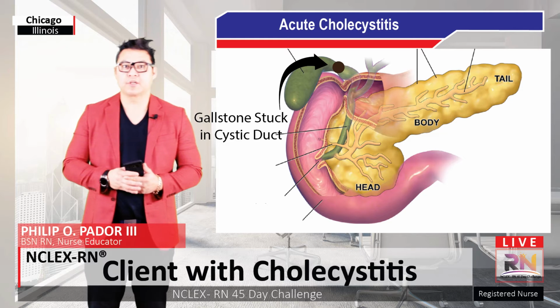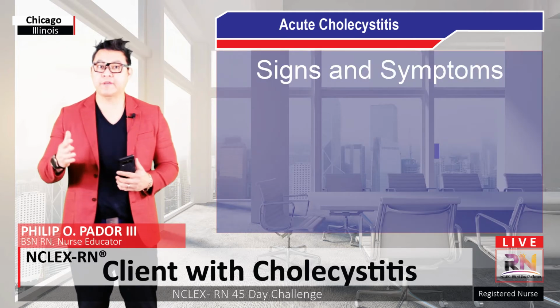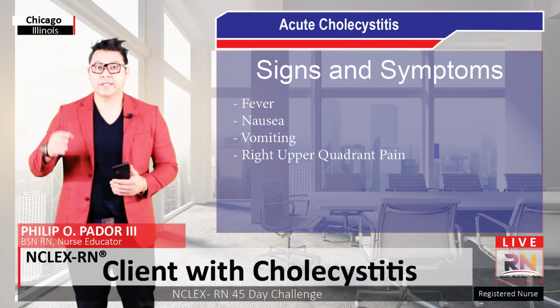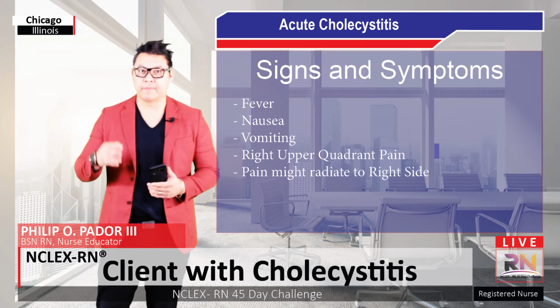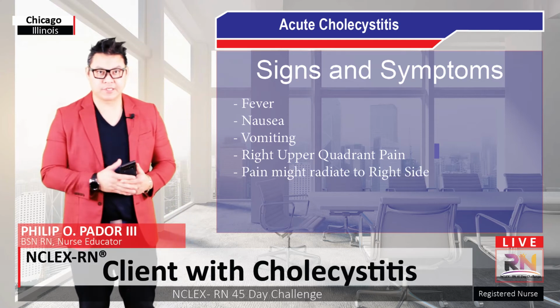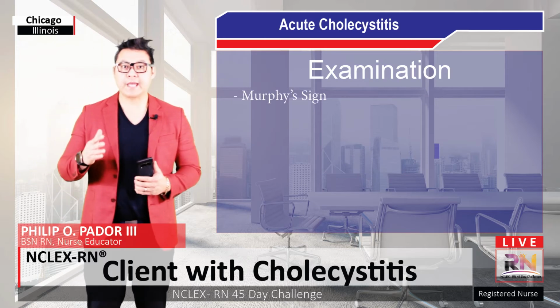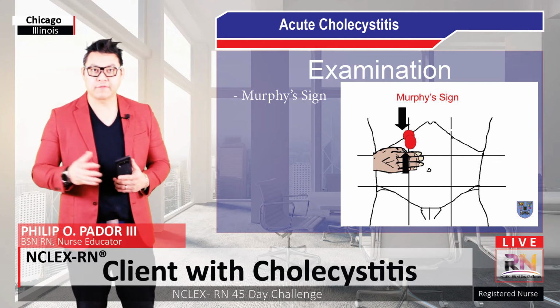So, the signs and symptoms of acute cholecystitis specifically are fever, nausea, vomiting, and right upper quadrant pain, which may radiate to the right side of the back. On examination, there is a positive Murphy's sign. Murphy's sign is where a hand is placed at the midpoint of the inferior border of the liver.